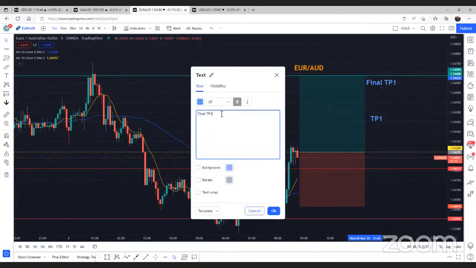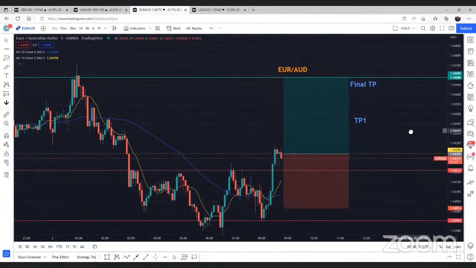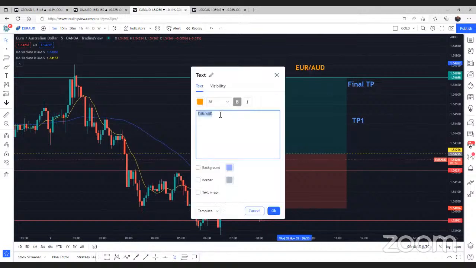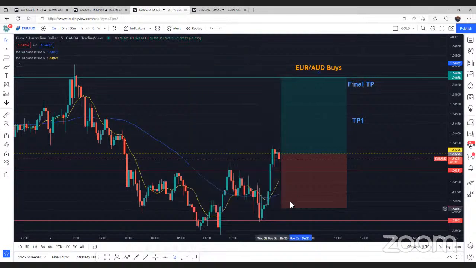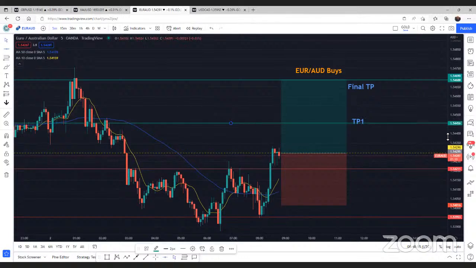Now, these are the only two trades I'm going to be taking on this live stream today. The maximum number of trades I would usually take on a live stream is 2, and this is the second one. And let's see how it plays out.